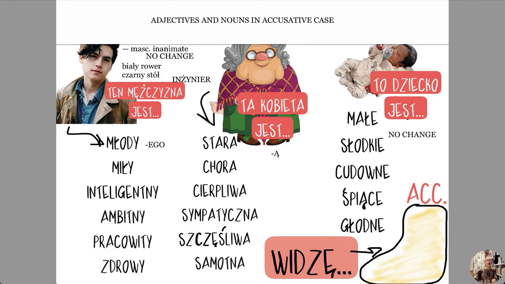But let's look at the animate nouns. And let's start with the regular one first. So inżynier, we also had an engineer as an example last week. Inżynier would get the letter A. And it's exactly the same letter that we would give to this noun in the genitive case.